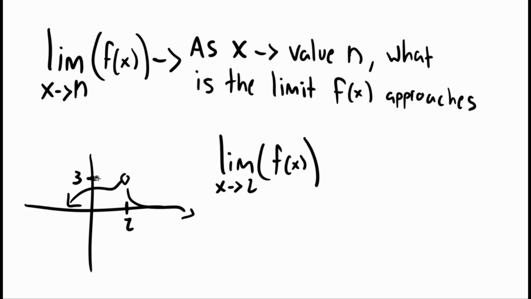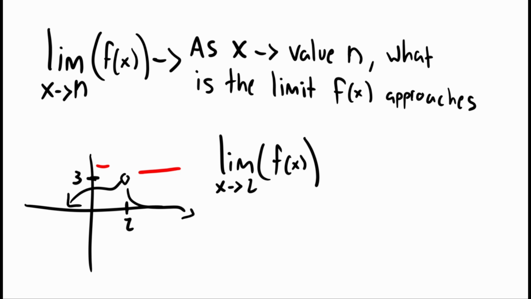And we could see using this graph that as it approaches from either side, whether it's from the left or from the right, it approaches this value right here at 3. So we would say this would be equal to 3 because from the left and the right it approaches the value of 3.